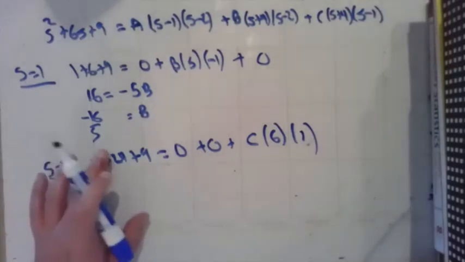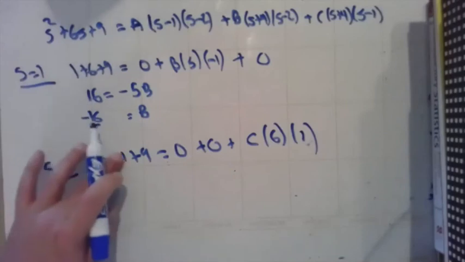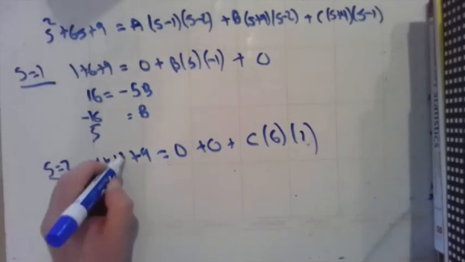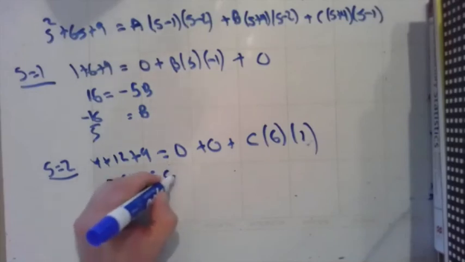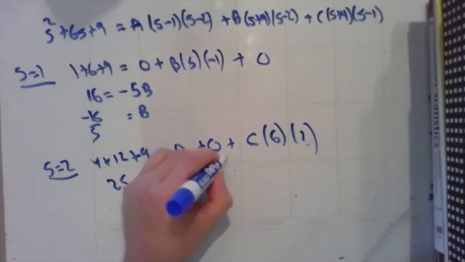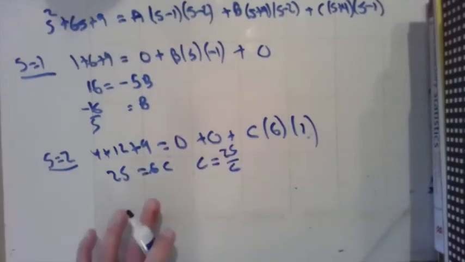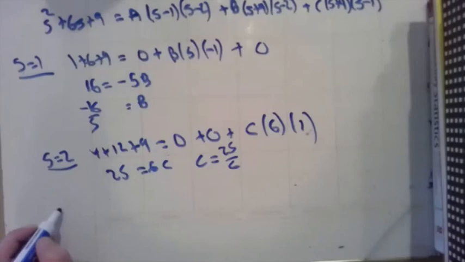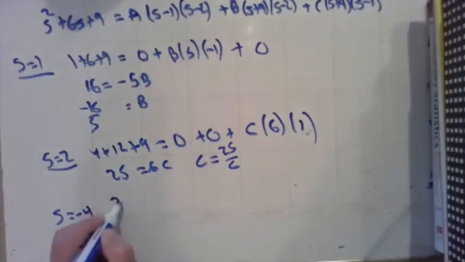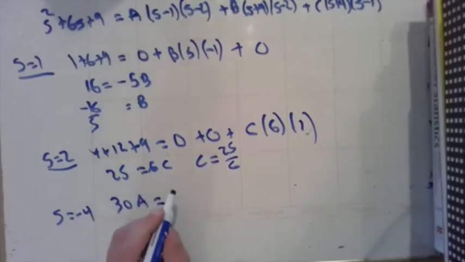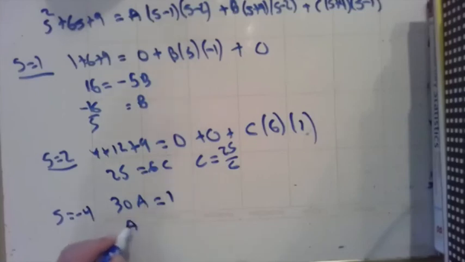Oh, my numbers weren't working out. 2 times 6 is not 24, it's 12. So I get 25 equals 6C. So C is 25 over 6. And then finally, the other root, plug in s equals negative 4, and you'll get 30A equals 1. So A equals 1 over 30.